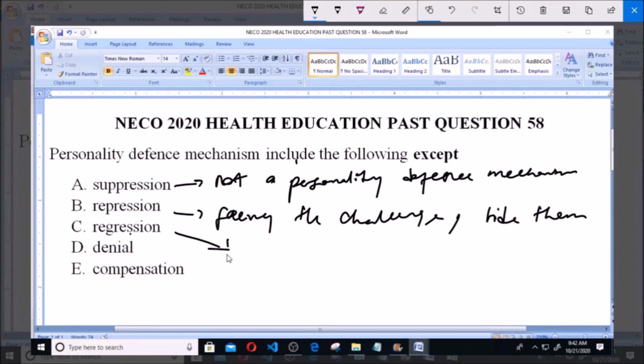When a child is faced with challenges, the child might regress, that is, go back to an early stage and start bedwetting or sucking the thumb. That's regression. Even adults also regress. They can regress into smoking, into drinking alcohol, overeating a particular food that gives them comfort, just in order to defend their personality, or to defend themselves against some challenges.